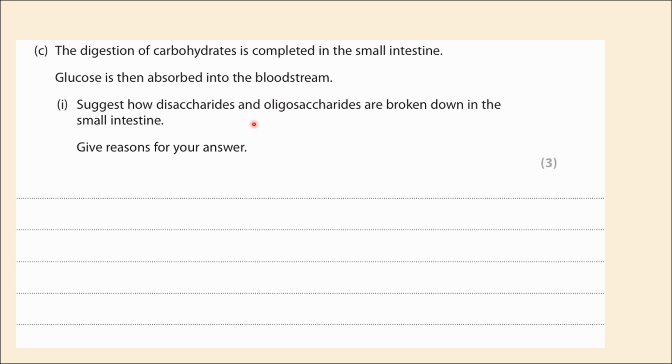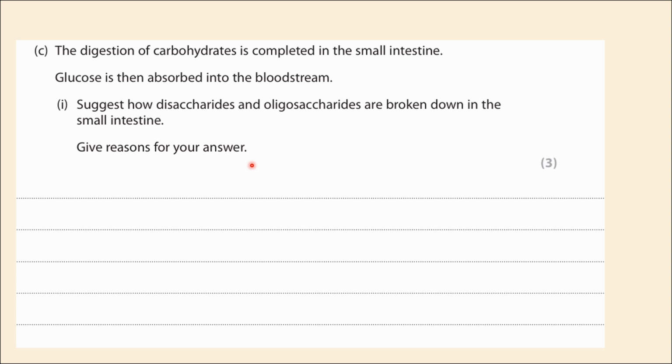And in the small intestine, they have some specific enzymes that can hydrolyze different types of glycosidic bonds, including 1,6 bonds present in oligosaccharides and in between disaccharides. So these enzymes are tailored to break down these specific bonds, allowing for the complete digestion of carbohydrates into monosaccharides for absorption into the bloodstream.